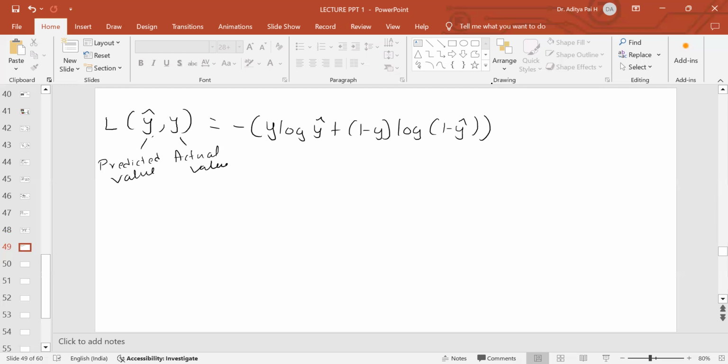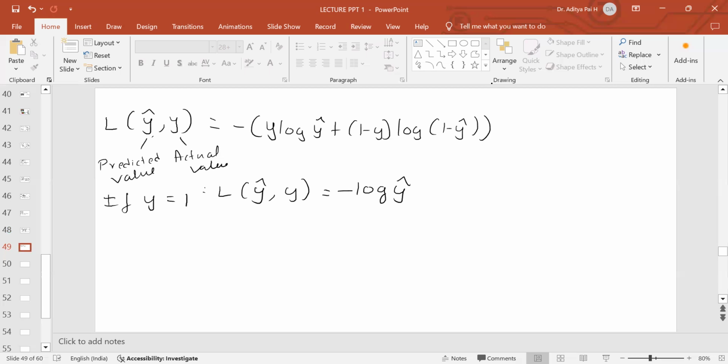If y is equal to 1, then L of y hat comma y is minus log y hat, and the second term, 1 minus 1, will be 0.